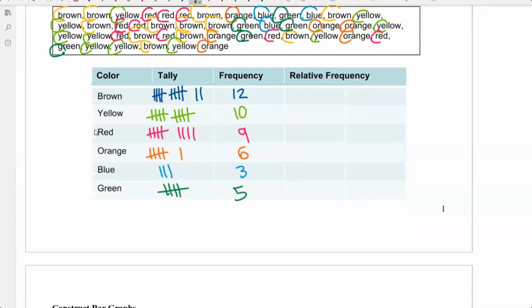Okay, now that we have our frequency, so the number of times that we have for each one, now we can find relative frequency. First step to find relative frequency is that we should find the sum of frequencies. So we should add all these to find the sum. So this is equal to 45.